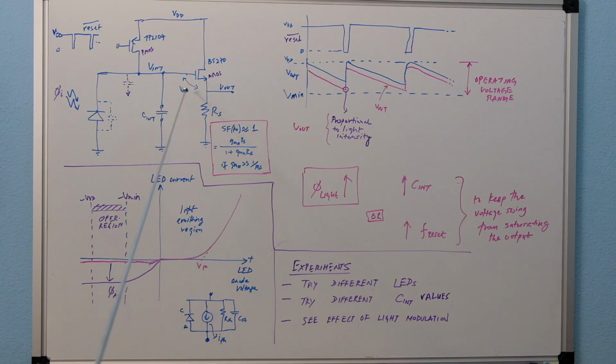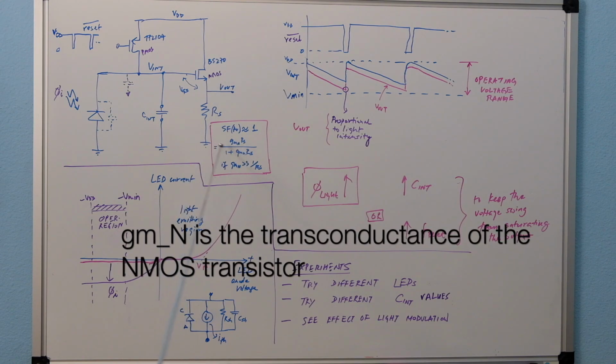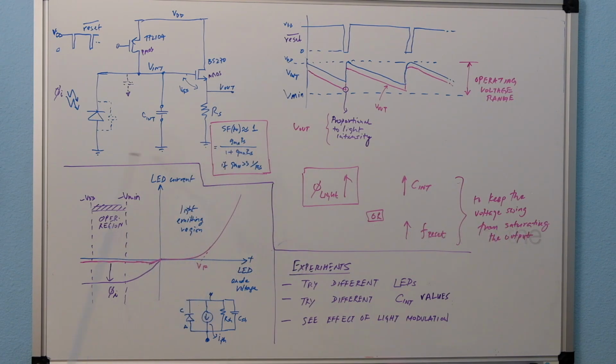So in order to avoid that, we have a source follower here, and the source follower is an NMOS device. On the source side we have a series resistance RS. Essentially the gain of this particular structure, where you have the input coming in here and the output coming at the source, is given by this equation, which is GMN, that is the NMOS device, RS over 1 plus GMN RS.